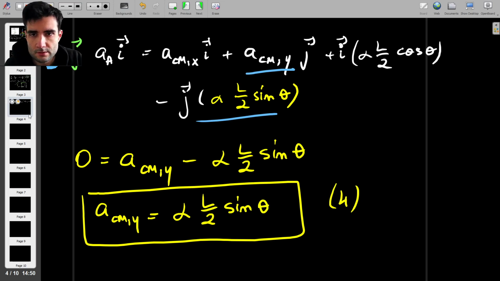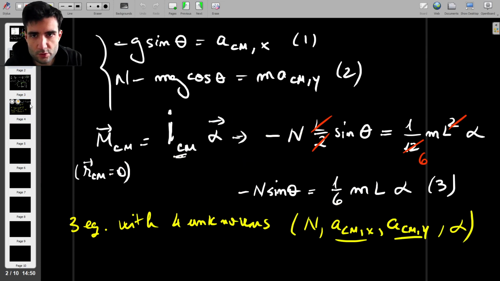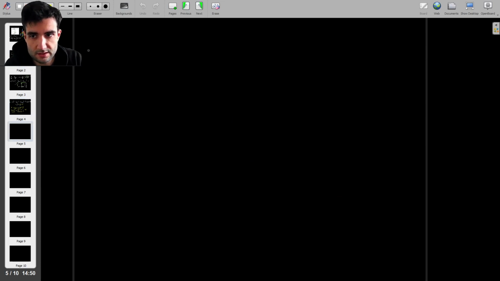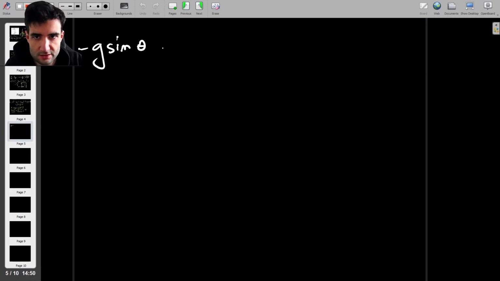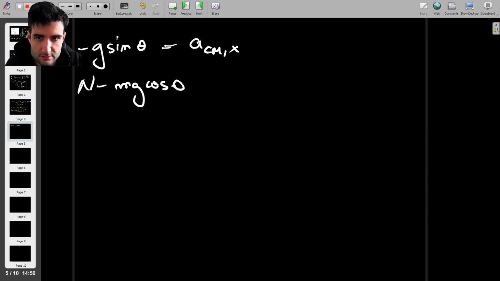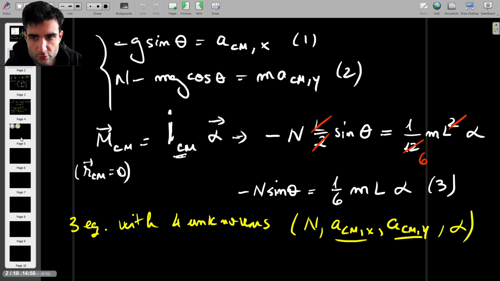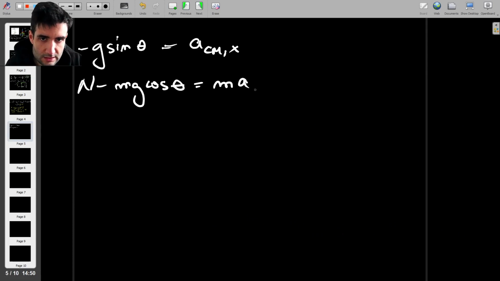So we can now actually write all the equations that we have and start solving. So we have minus g sine theta is equal to the acceleration of the center of mass in x. Then we have N minus mg cos theta, that's equal to m times the acceleration of center of mass in y.